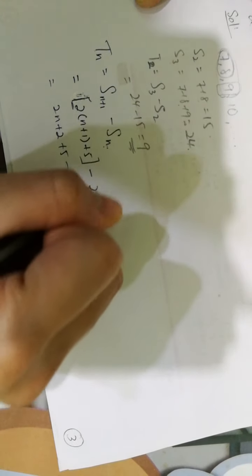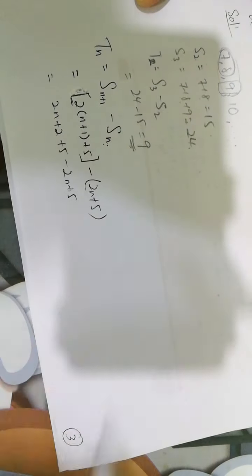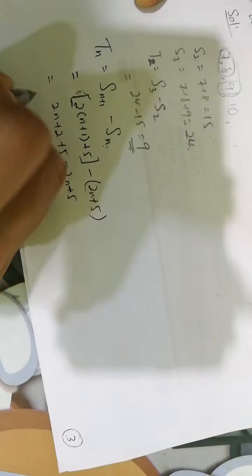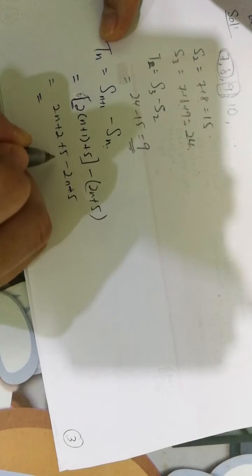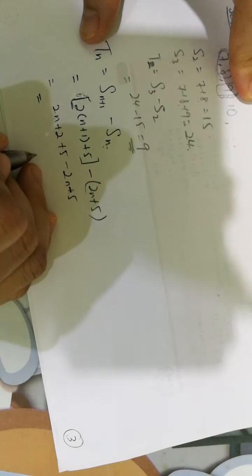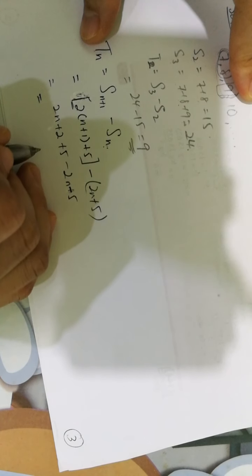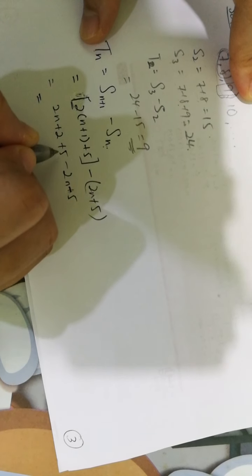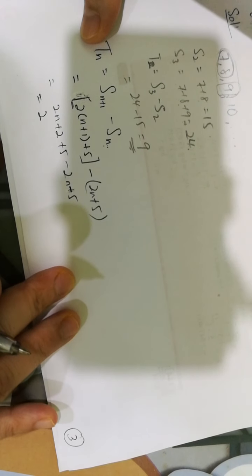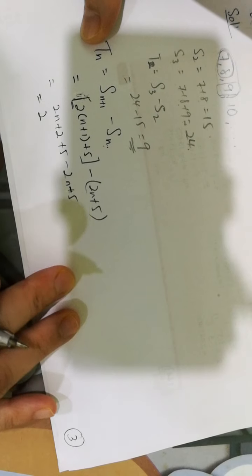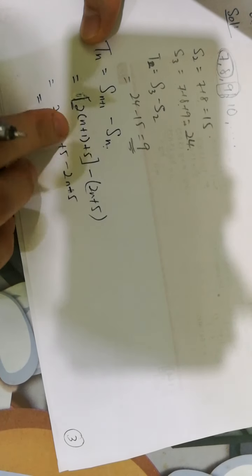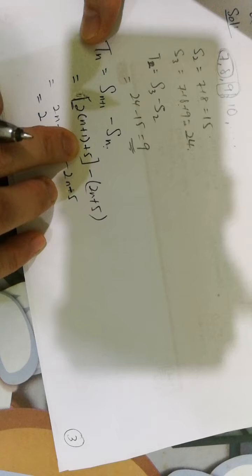This one is minus, so I have to change the signs. Now 2n minus 2n equals 0, so 2 plus 5, 7, Tn equals 2? Term n is 2. Cannot be. What's the problem there? So we try Sn.